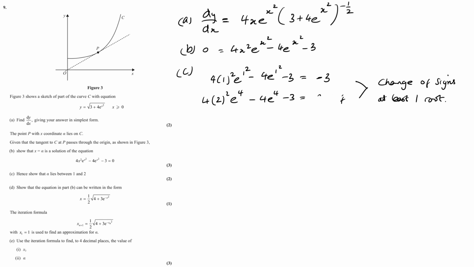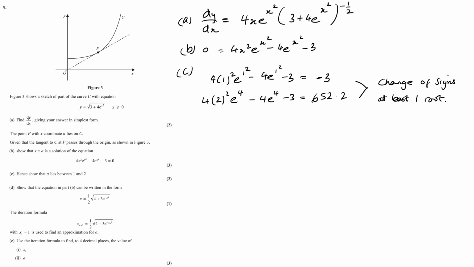Sorry, I just changed this value here. It's 652.2. I did 4 times 2, I did 8, didn't I? It should be 4 times 4, isn't it? 16. So 16 e to the 4 minus 4 e to the 4 minus 3.